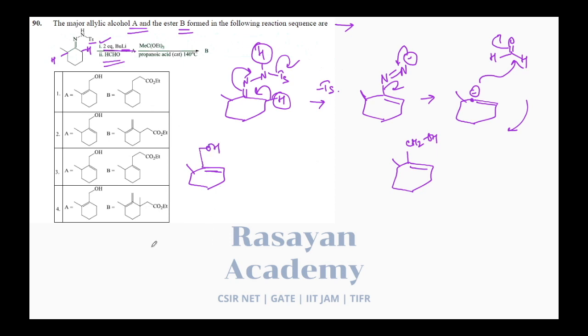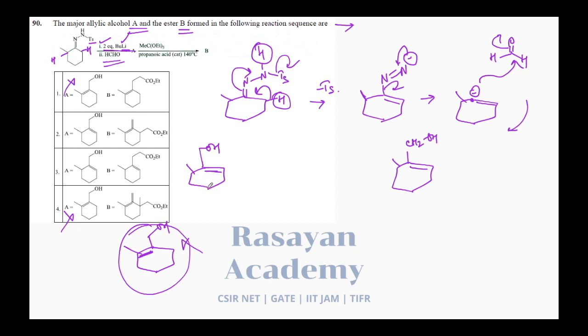Okay, and if it was the Bamford-Stevens reaction, you would rather get this product. In the Shapiro reaction, having a stronger and less selective base, you have this molecule. Okay, alright, so A is absolutely wrong and 4 is also absolutely wrong for this.